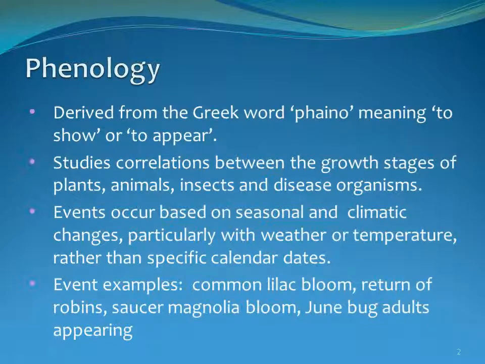It's really difficult sometimes when people call up and ask me, can I still put down crabgrass preventer? Or is it time yet for me to do certain things in the garden? And I can't always tell them based on a calendar date because weather is so different.